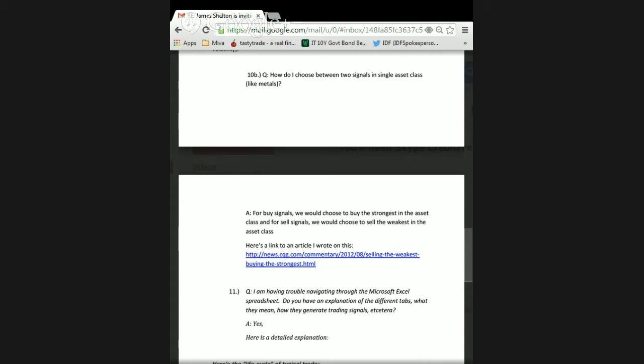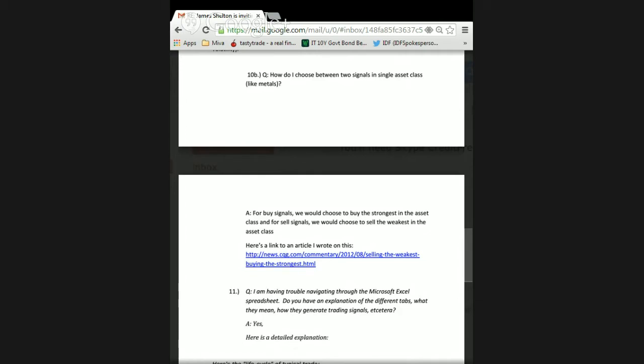So let's say I have a signal in platinum and a signal in gold and a signal in SLV, and I can only afford to take one of those signals without over-leveraging myself and risking more than 1%. What I would do is buy the strongest in the asset class if it was a buy signal, or sell the weakest of the asset class if it was a sell signal.